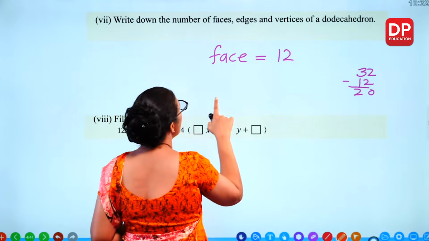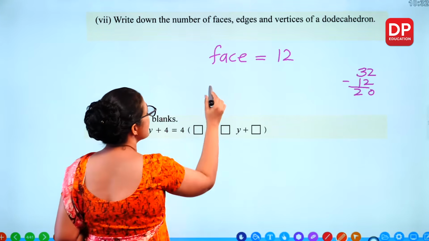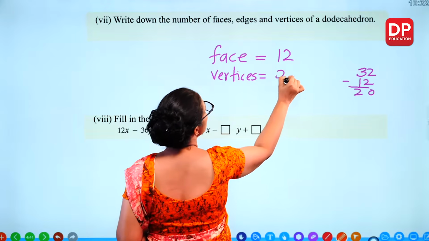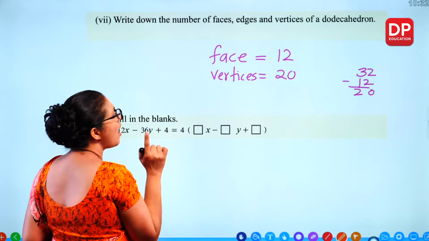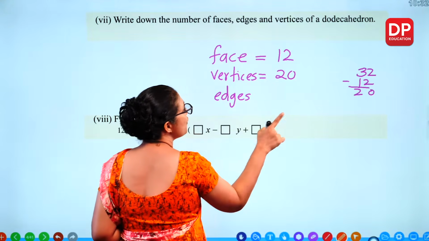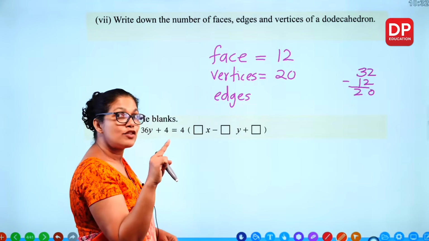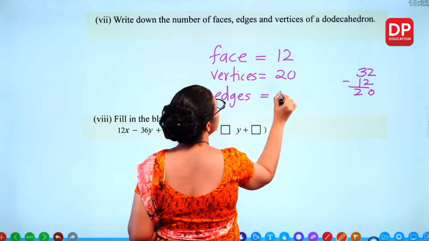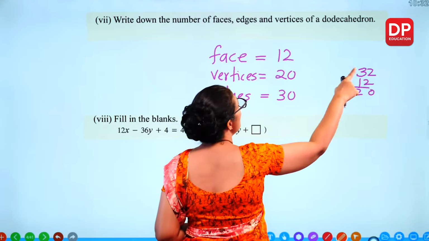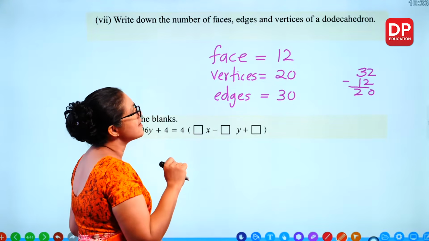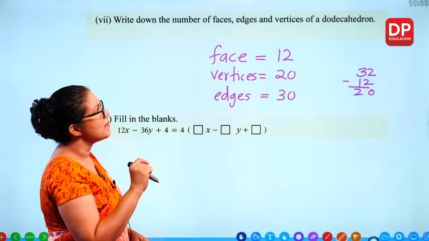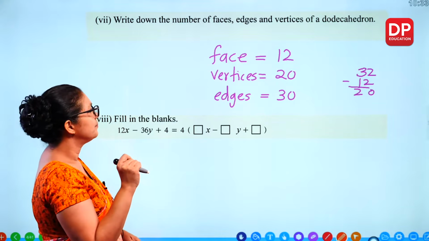So vertices is 20. And how many edges are there? We know 32 altogether. 32 minus 2, 30 edges are there. So remember 32 and 12 faces. It's easy to remember because dodecahedron means 12 faces are there.